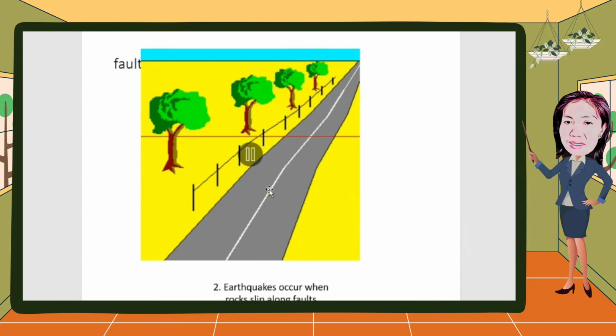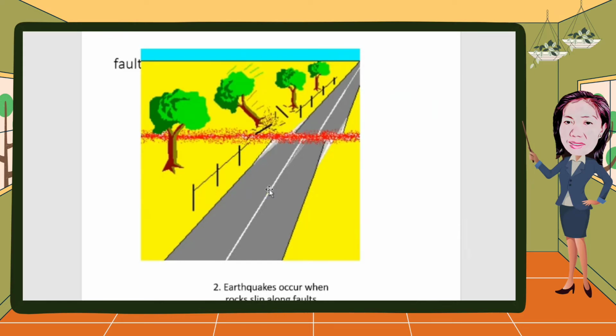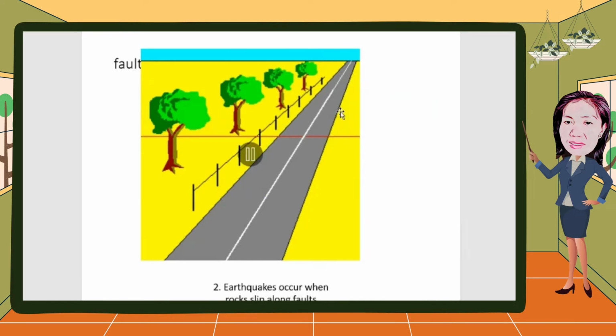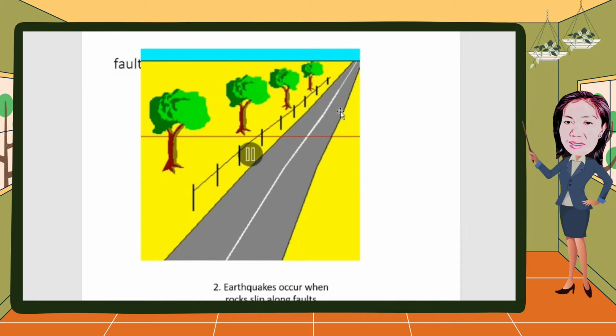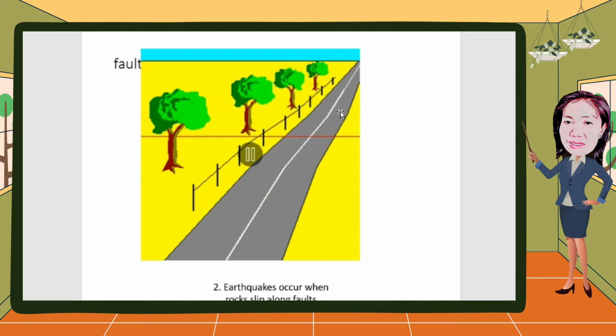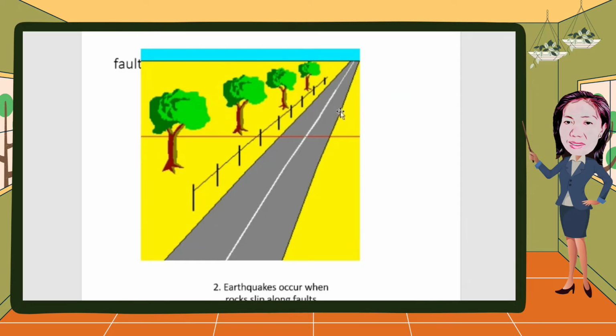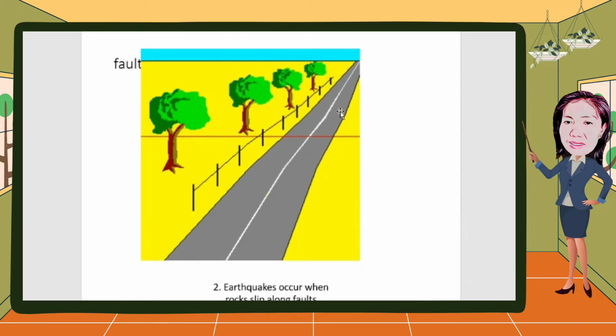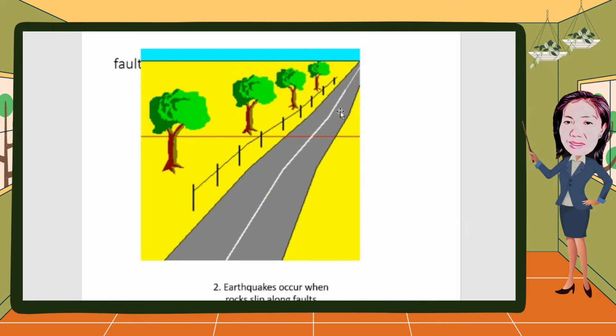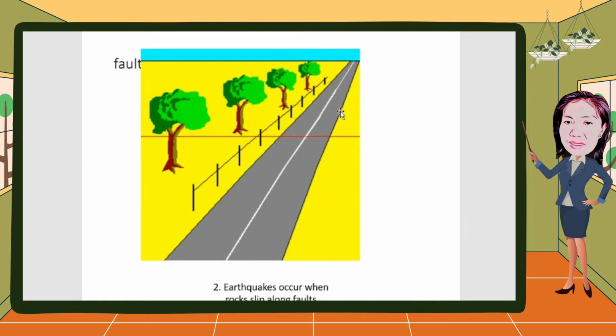But after the significant movement, we can see that one part of the road is shifted or displaced, meaning after the significant movement, the road is now not aligned.